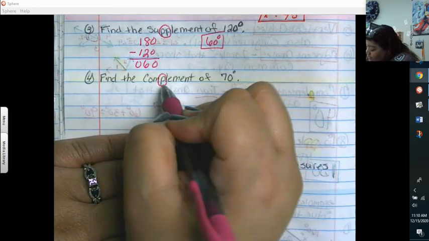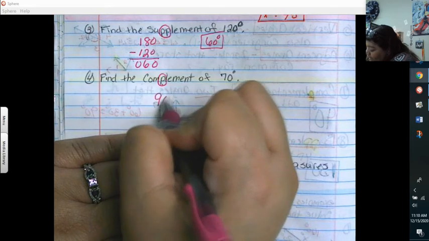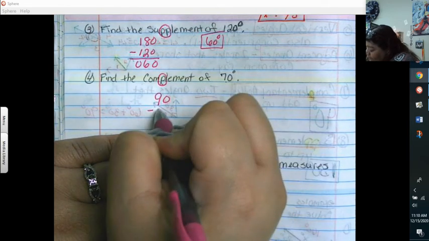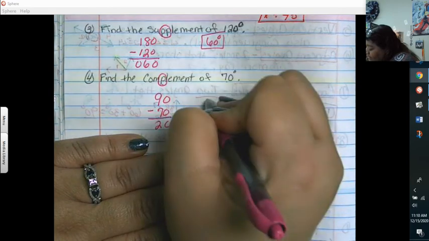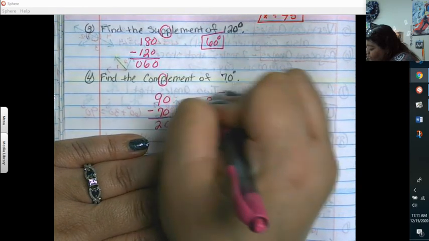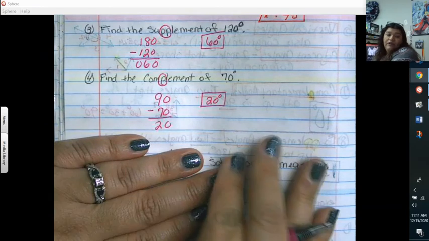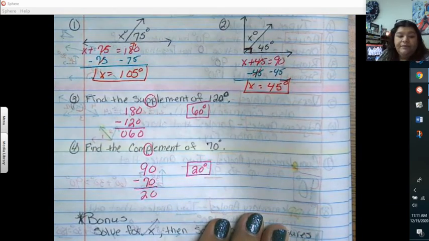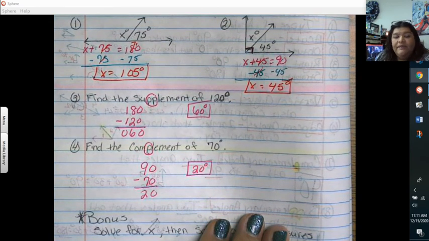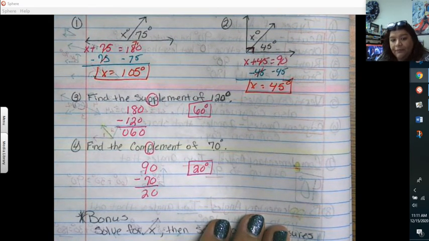And the last one, complement tells me it's 90 degrees. So 90 minus 70 is 20. So the complement is 20 degrees. 20 degrees for number 4. Okay, how'd you do on all 4 of those? Awesome. If not, come to the Google Meet and I'll help you out, okay?